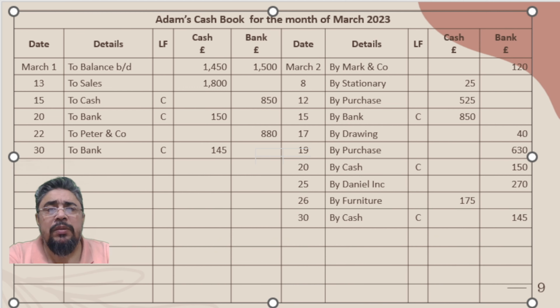After recording all the transactions during the month of March, we will find the final result for March. What is the method?